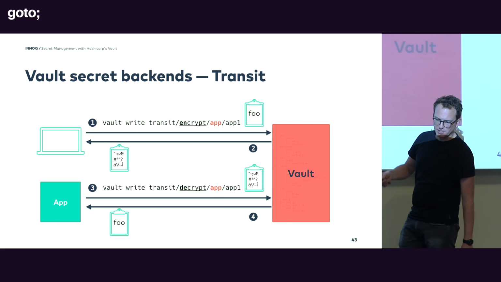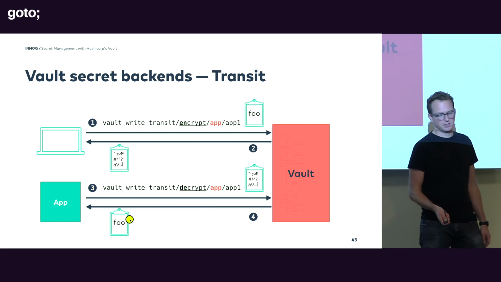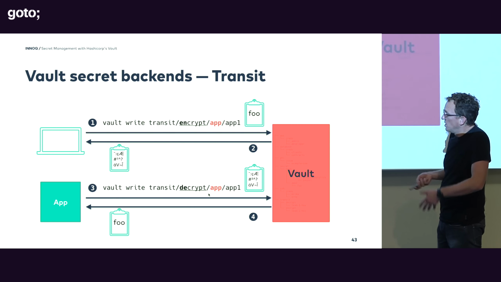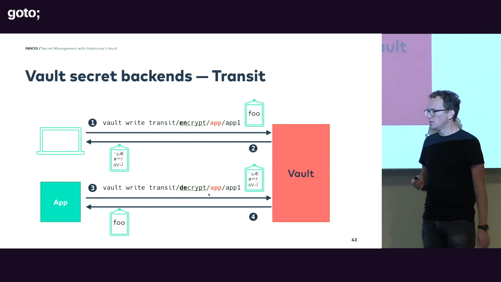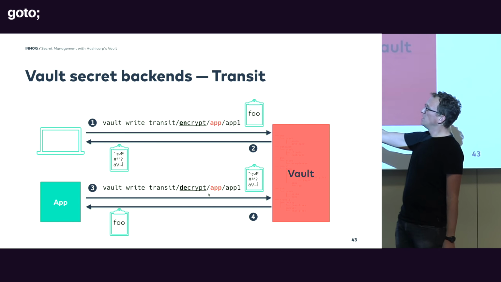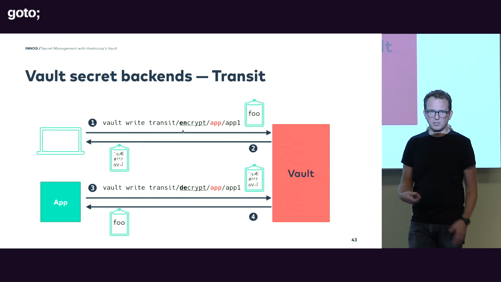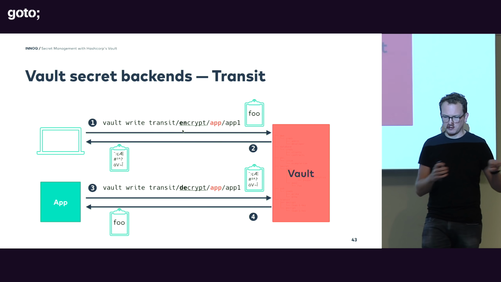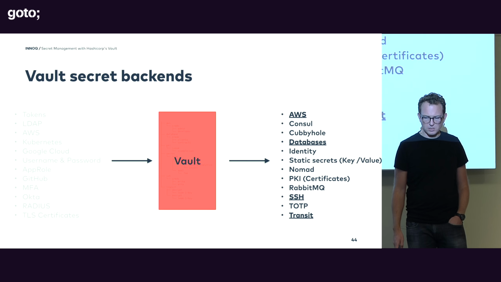And the application on startup can then call the endpoint with decrypt and get the document back decrypted. So sometimes this is necessary. I don't know of a good example currently, but you can just use it as a decrypt and encrypt facility. The good thing here is that the private key for encrypting and decrypting doesn't leave Vault, so you don't have to care about storing this private key somewhere. It's all handled by Vault.